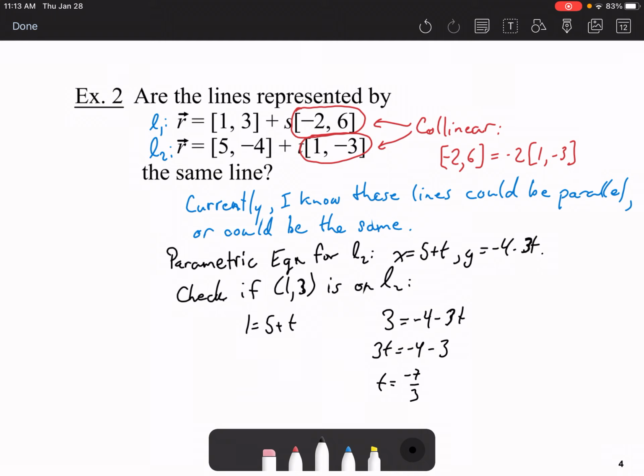I get a t value of -7/3 here. I also get a t value of -4. So that means these lines are parallel. Okay, so there we go.